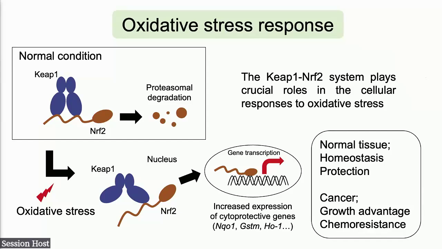This attenuates degradation of NRF2. Then NRF2 translocates to the nucleus and increases expression of cytoprotective genes. This process contributes to tissue homeostasis and protection. However, activation of the oxidative stress response in cancer cells yields growth advantage and chemoresistance.